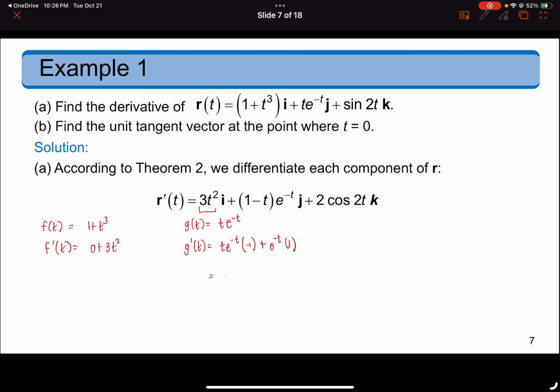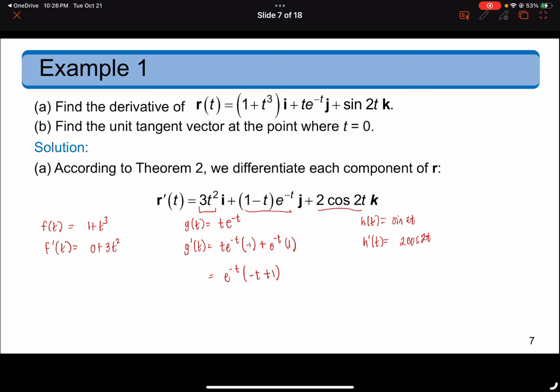So that would be e to the negative t times negative t plus 1, or simply 1 minus t e to the negative t. And with h of t equal to sine 2t, so h prime of t is 2 cosine 2t. So that would be the third component.